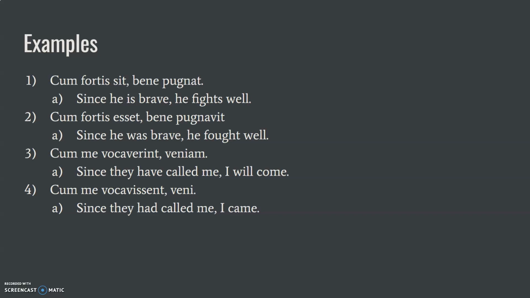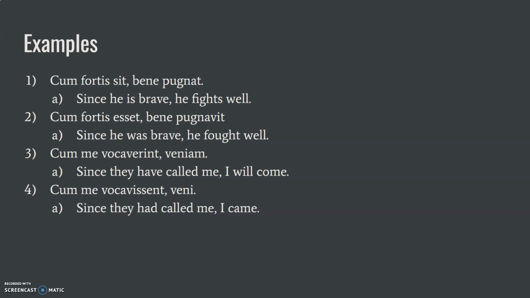So, esset is the imperfect subjunctive because it is in secondary sequence and it's occurring at the same time as the main verb. He fought well because he was brave. Same time.